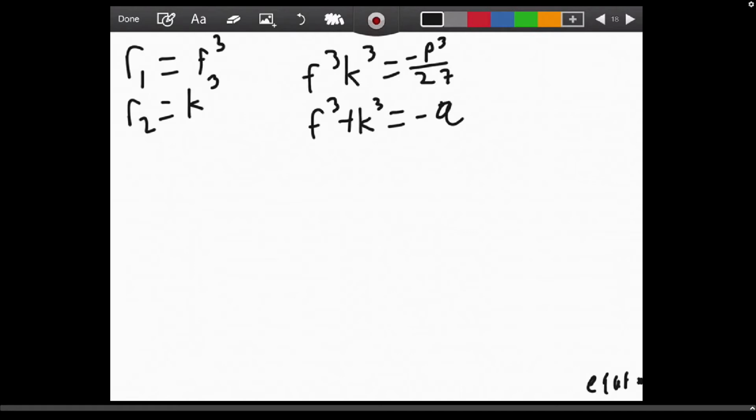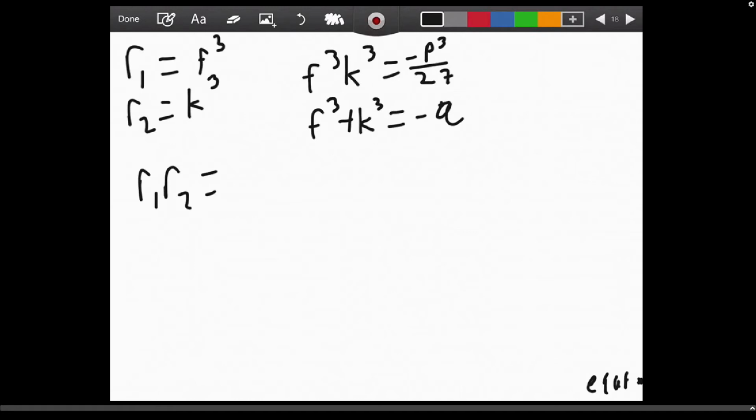So going off of Vieta's theorem, it says that when you multiply the roots together, it's going to be the coefficient of the constant, in other words, just the constant, divided by the coefficient of the first term. So we can go ahead and actually assume that the first term is 1. Let me just write this out.